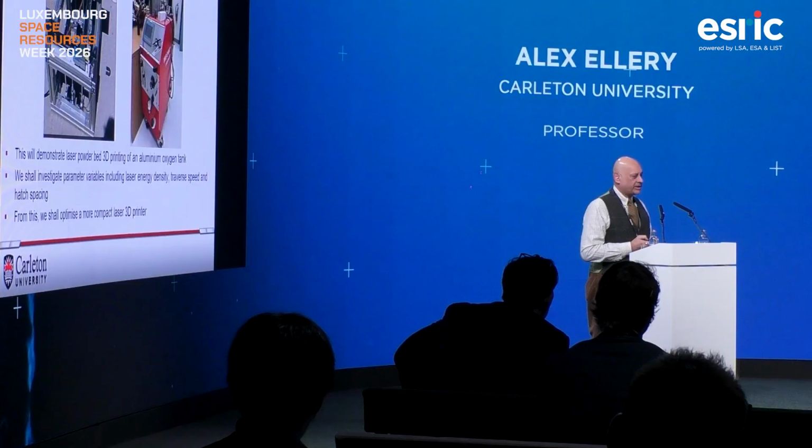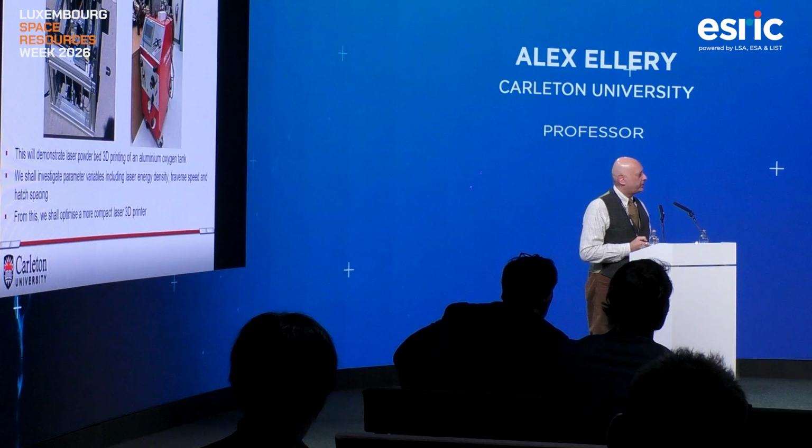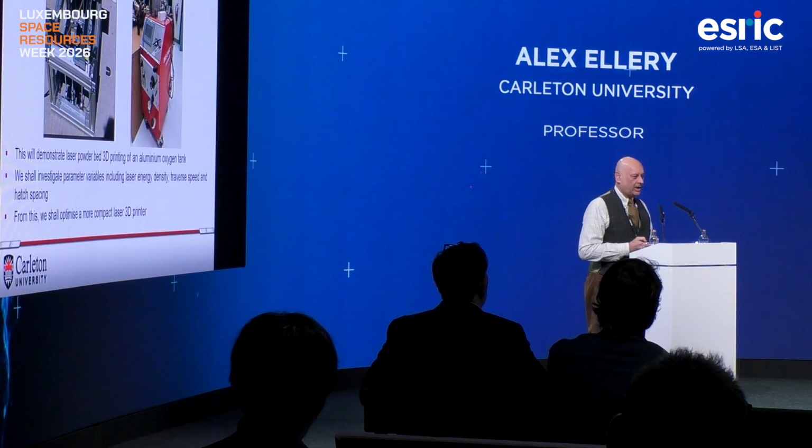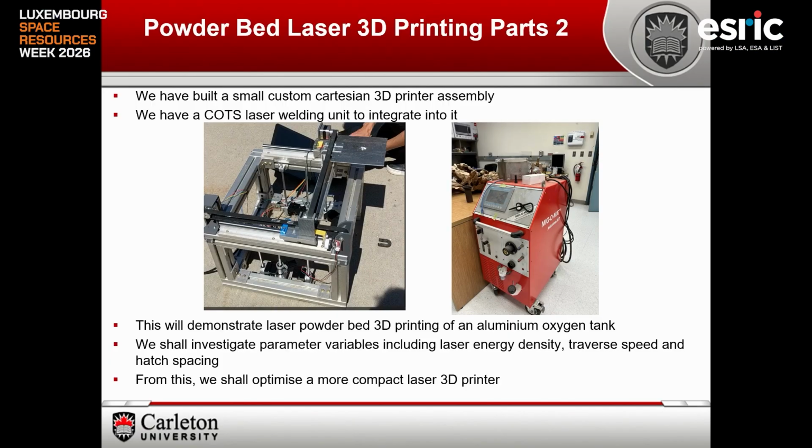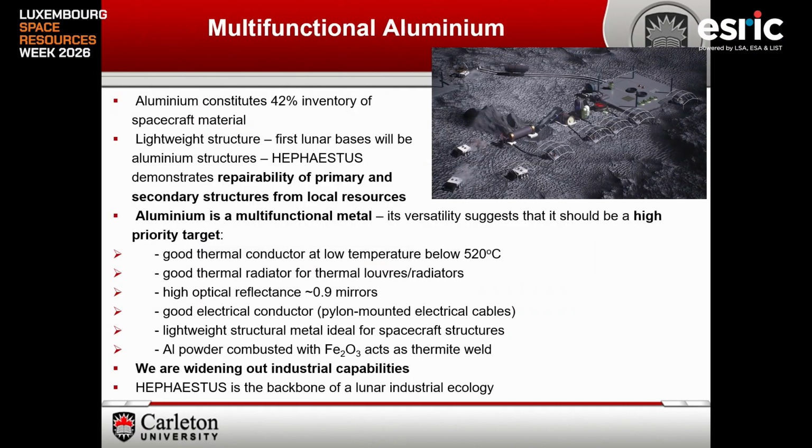So that program is in process. We have the ball mills, and we have just recently acquired a laser welder, which we'll be integrating into a printing unit. So we hope to be doing that over the next few months. I'll leave it there. Thank you for listening.